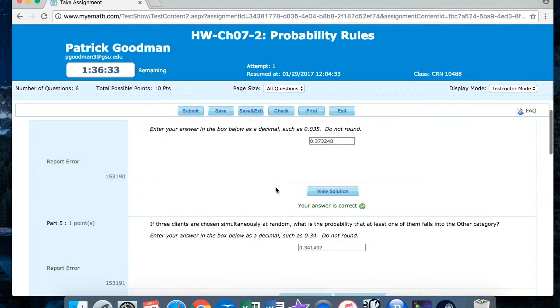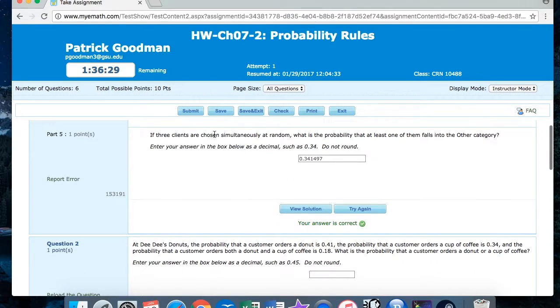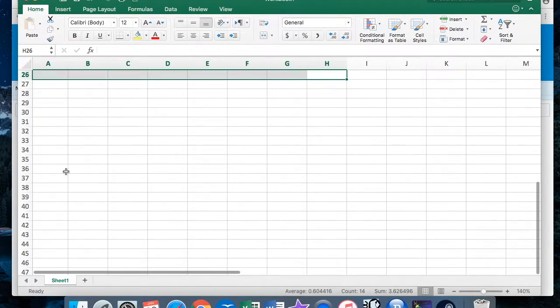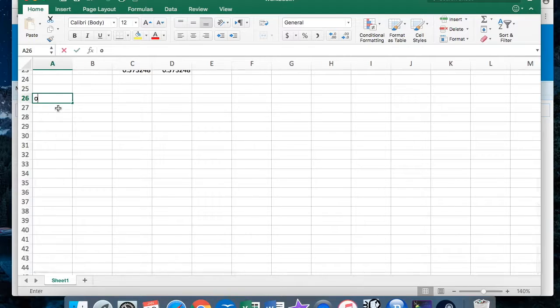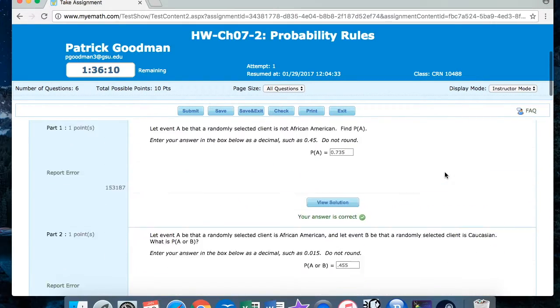Okay. Now this gets a little more complicated. If three clients are chosen at random, what is the probability that at least one of them falls into the other category? What's the probability of other again? The probability of other is 13%.